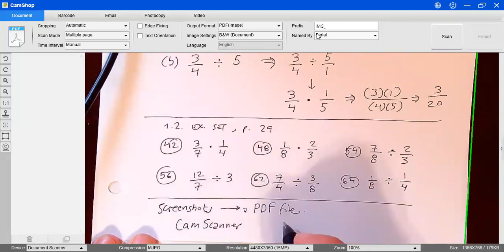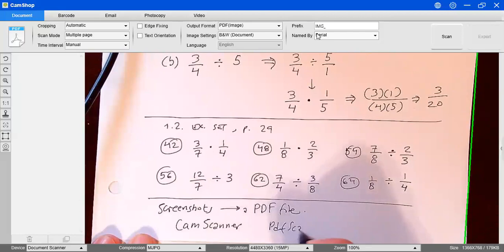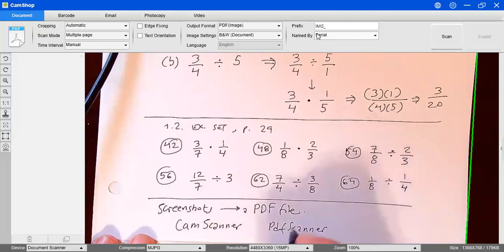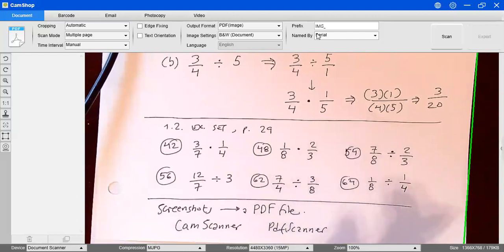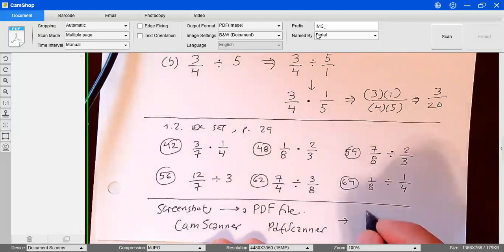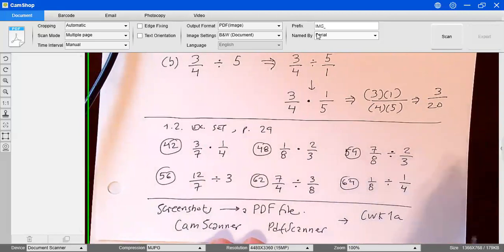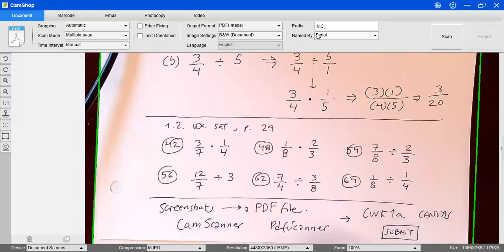Another app is PDF Scanner. You can take pictures of every sheet of your work and create a PDF file. Then, in classwork 1A on Canvas, you just look for the submit button, and once you press it, you'll be able to upload a PDF file with your results.